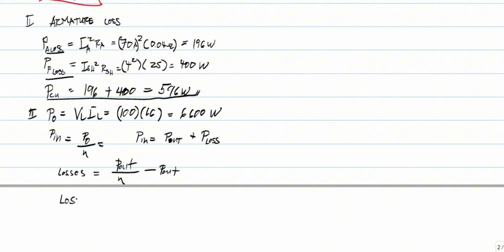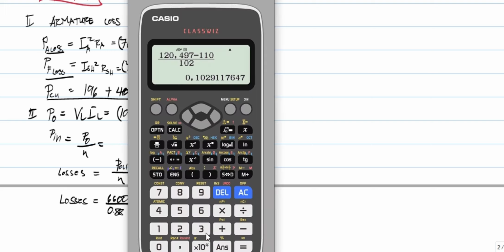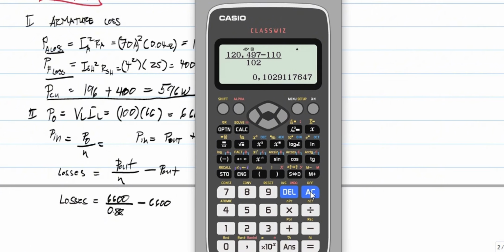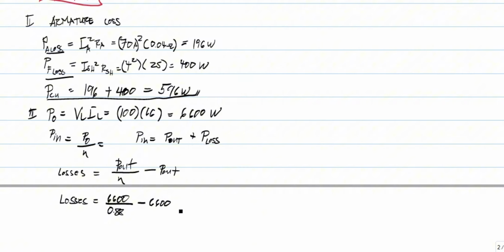So total losses is 6,600 watts divided by 0.88, the efficiency, minus 6,600. Total losses is 900 watts.